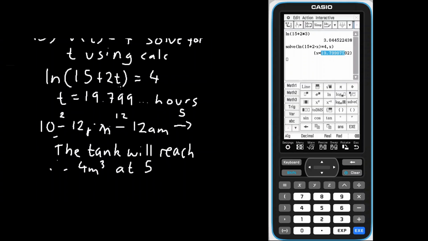What is 0.7999? So let's just times that by 60 with the calc. So we can grab this guy, go all the way to the end, say 0 point, and then times it by 60. And it's equal to 47.9. So let's round up to say it reaches it at roughly 5:48 a.m. the next day.